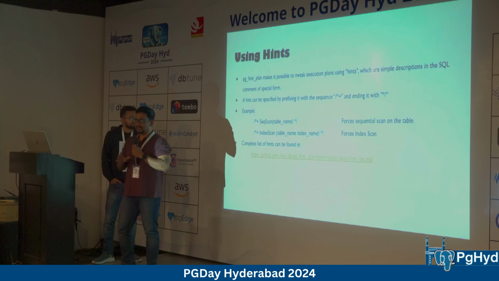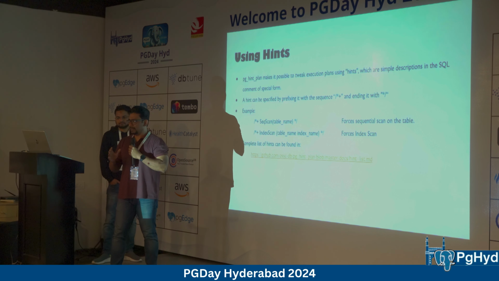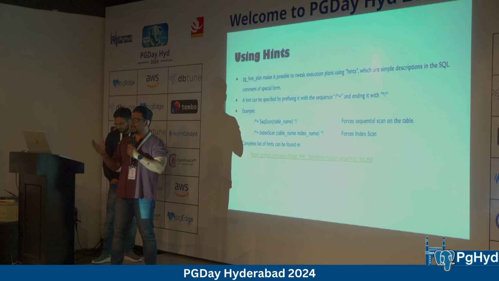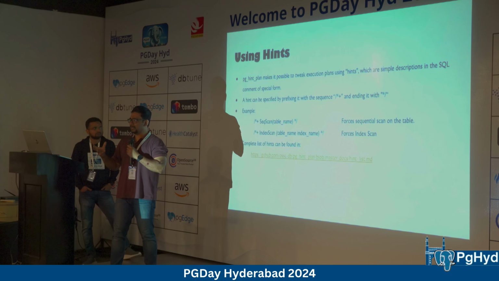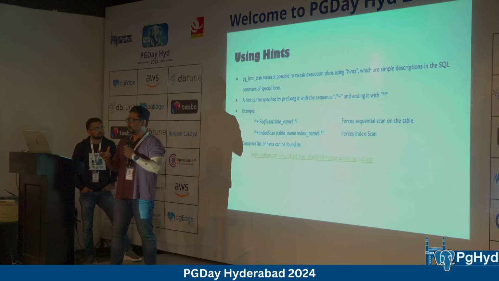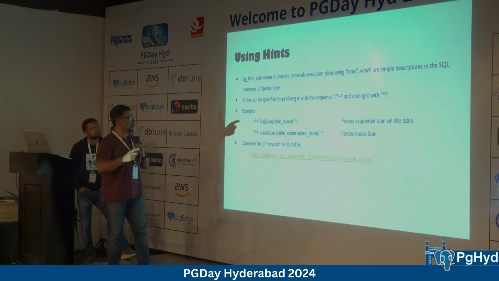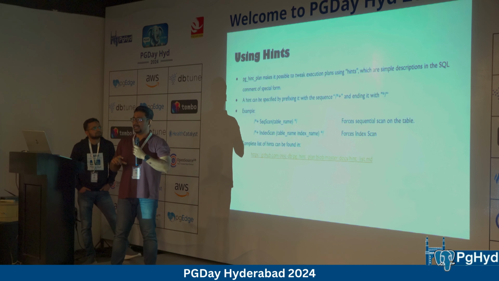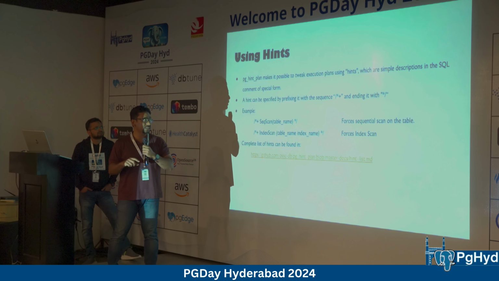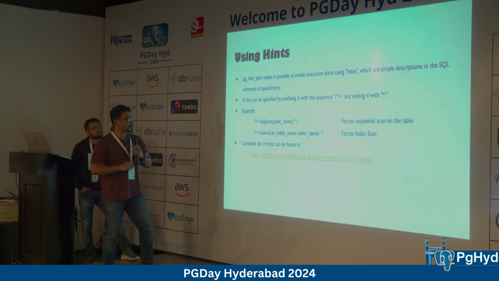The reason why I asked is in Oracle, you can pass hints to tune queries, right? You can influence the way the optimizer chooses the execution path by passing hints. So using this pg_hint_plan, we can influence Postgres' optimizer to tune queries.